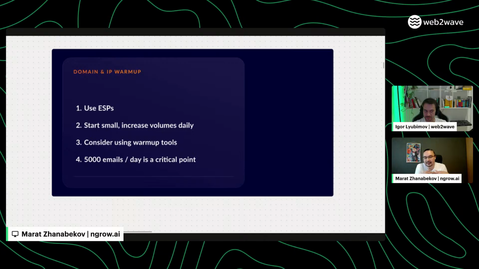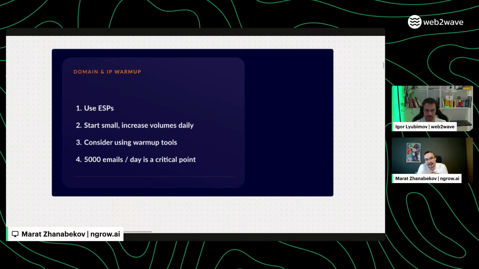So to name some ESPs that you might consider working with: Brevo, which was known as Sendinblue, SendGrid, which is kind of Twilio, and MailChimp. These guys, I guess, are the biggest. And then there are multiple other ESPs that are also pretty good, but these three are the biggest on the market.